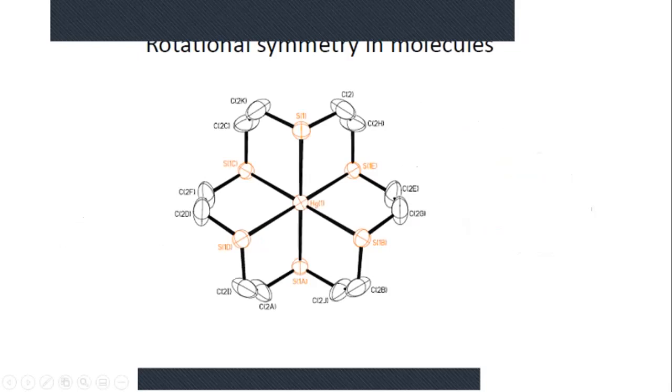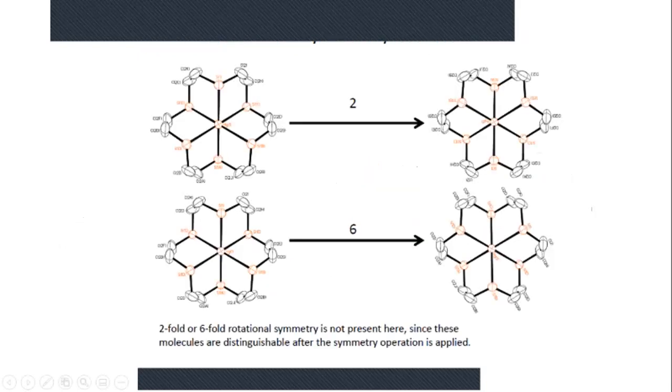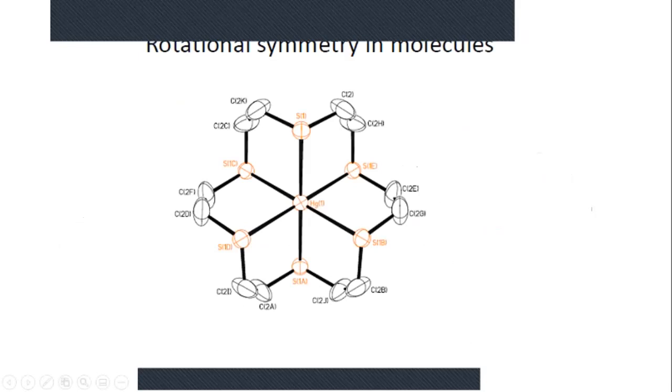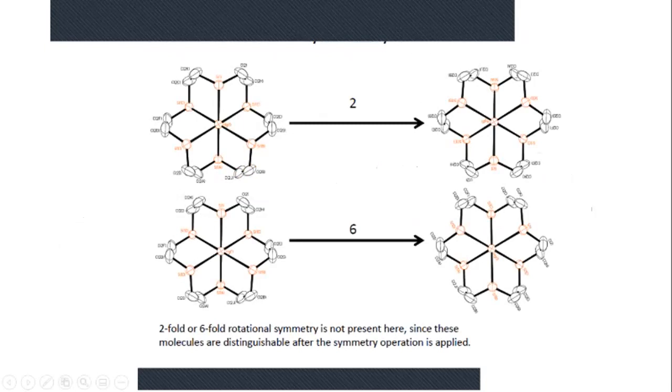So when we look at this molecule here, we may ask, what type of rotational symmetry is present within this molecule? And you may say, well, based on this, it looks like you should have a twofold and a sixfold rotation. However, the twofold and sixfold is not present here because these molecules are distinguishable once the symmetry operation is applied. So you see we have one pointing down in this area.